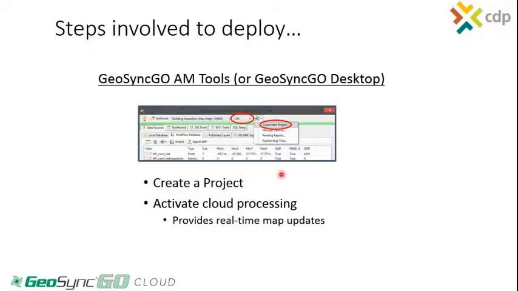If your database is in the cloud in your cloud account, we can actually turn on automatic processing where your reports and new features, edits are automatically added to the database. And basically what this does is it provides real-time map updates. So if I'm in the field, I add a new feature, within a few seconds, I'll see that feature on the map because it'll actually go through, be processed, added to the database, and updated. So that's a very nice feature.